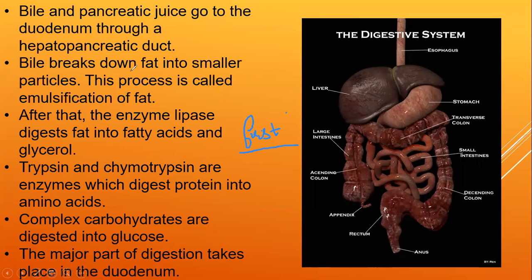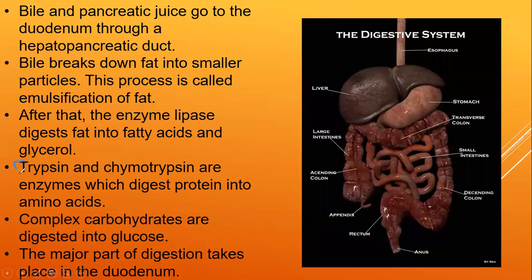Bile breaks down fat into smaller particles, and this process is known as emulsification of fat. After that, the enzyme lipase digests fat into fatty acid and glycerol. We said that both bile and lipase convert fats into fatty acid and glycerol.